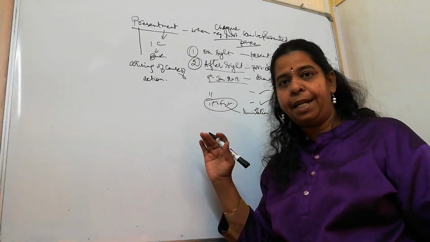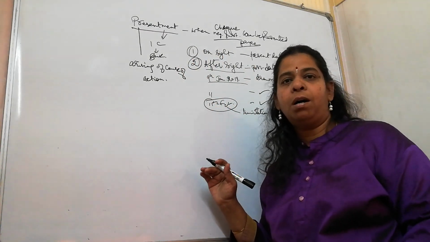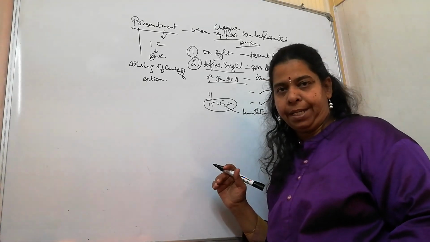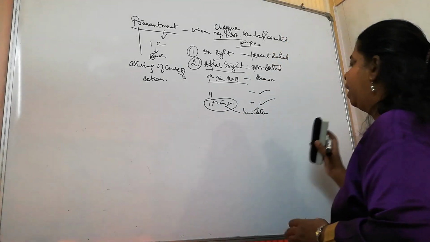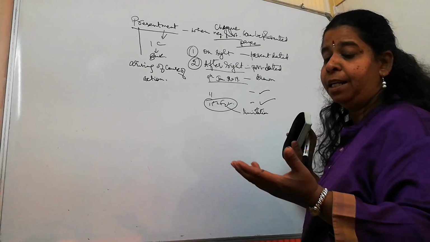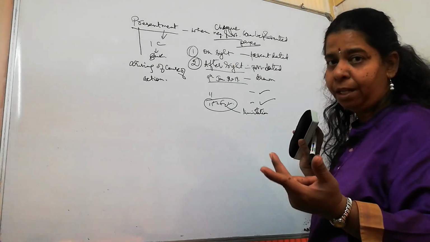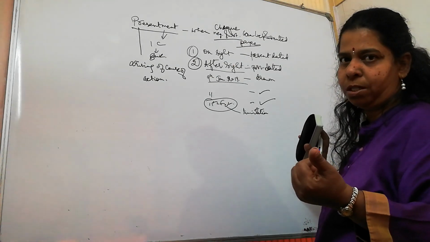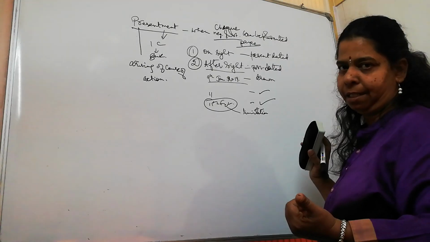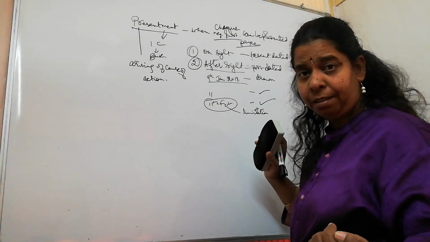So the presentment date is very important because it shows the cause of action. Okay? And who can present the check? Drawee, payee, holder in due course. Anybody can present the check. Self-check is also there, right?